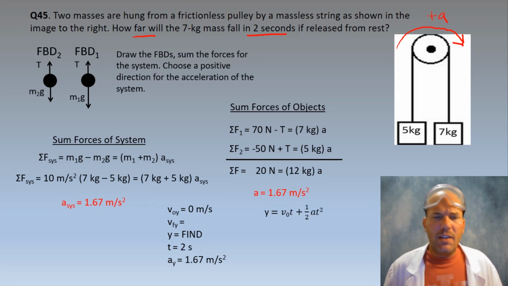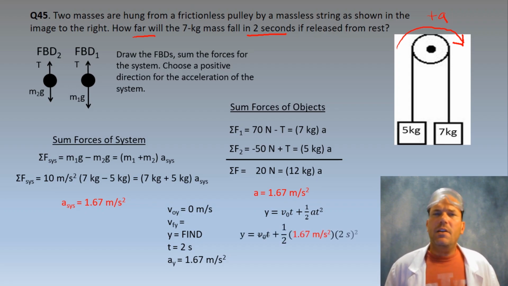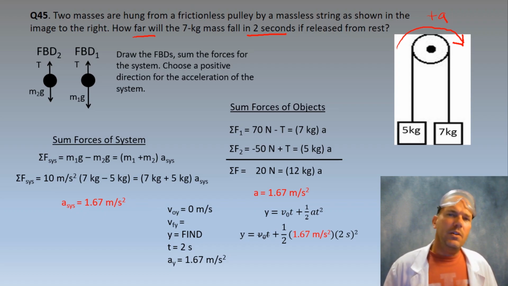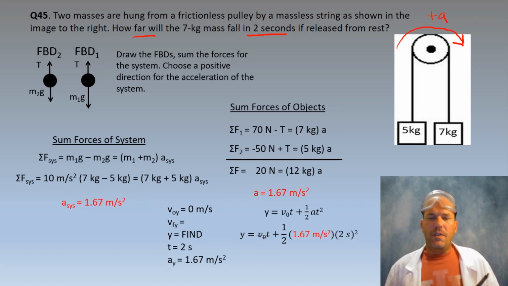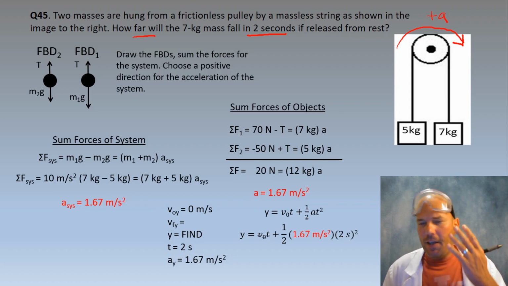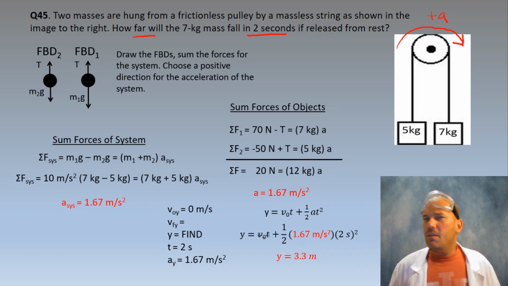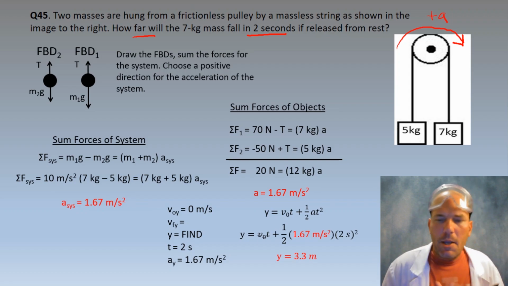In this case, we can use the change in vertical position equation that you see here, because V naught T will go to 0. V naught in the vertical direction is 0, so that piece goes away, and this turns into a very simple equation to solve for the vertical change in position of 3.3 meters.